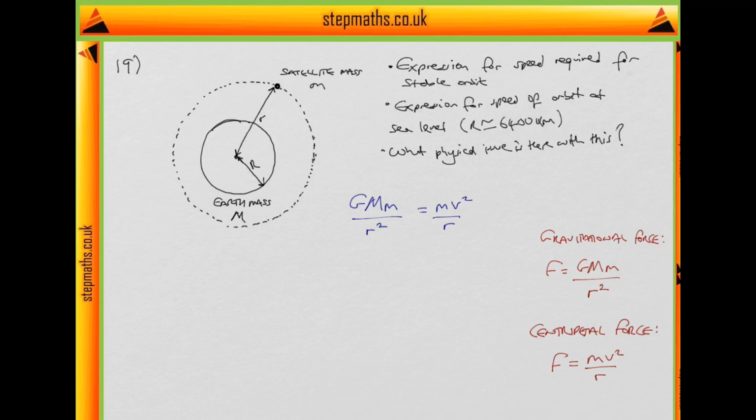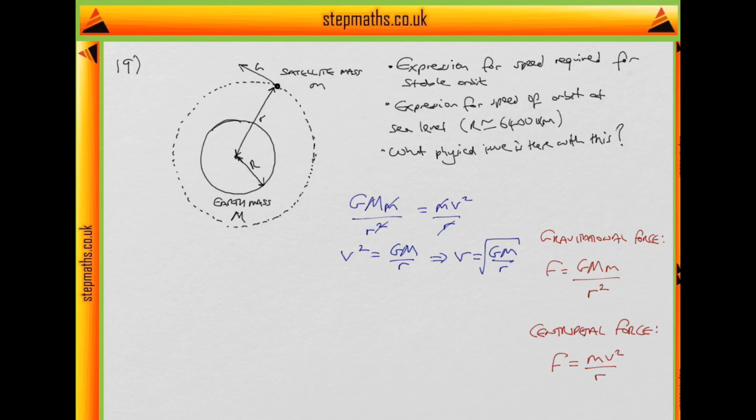Notice it's its linear velocity, not its angular velocity, directed tangential to the motion. We can cancel off our r's, our little m falls out, and we're left with v squared equals GM over little r, so our required velocity is the square root of GM over r.